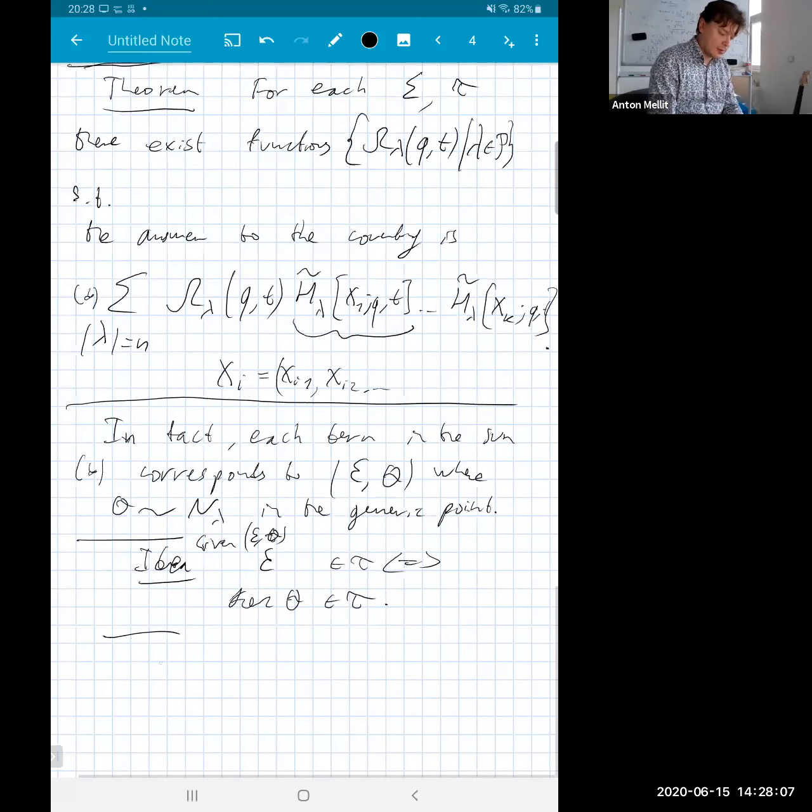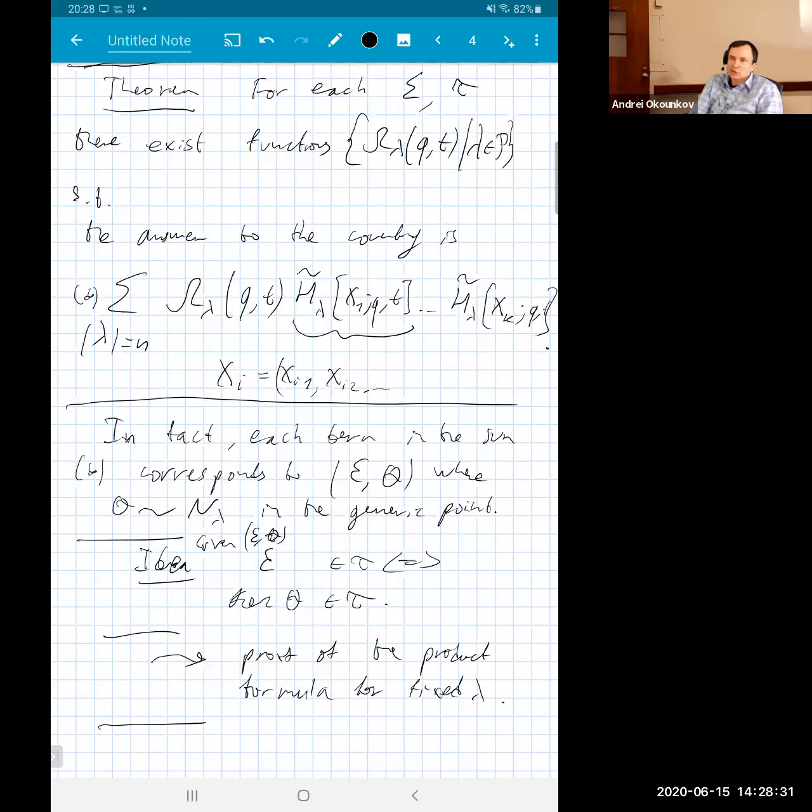So this goes to the proof of the product formula for fixed lambda.